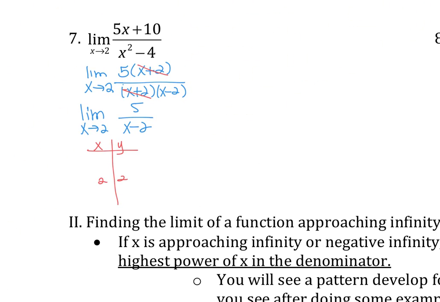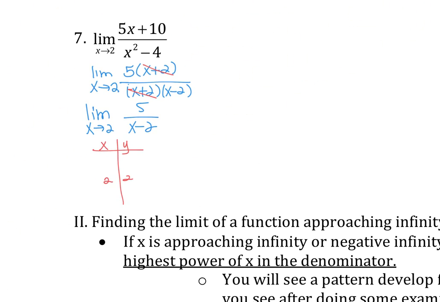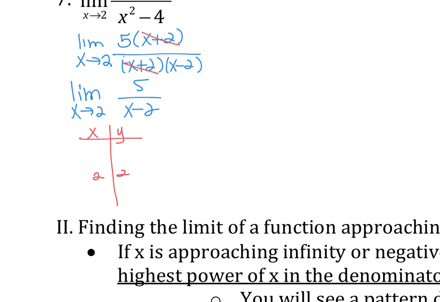So this one, I have to find a left and a right-hand limit. So my left-hand limit will do 1.9, 1.99, 1.999. And then for my right-hand limit, we'll do 2.1, 2.01, 2.001.